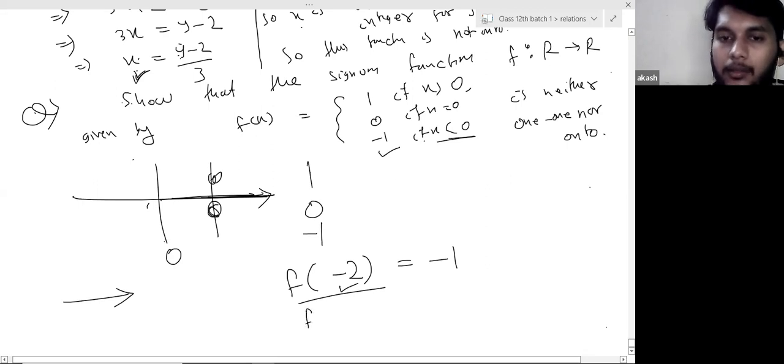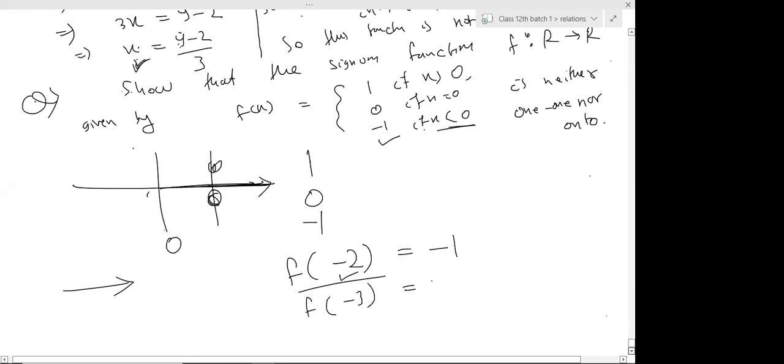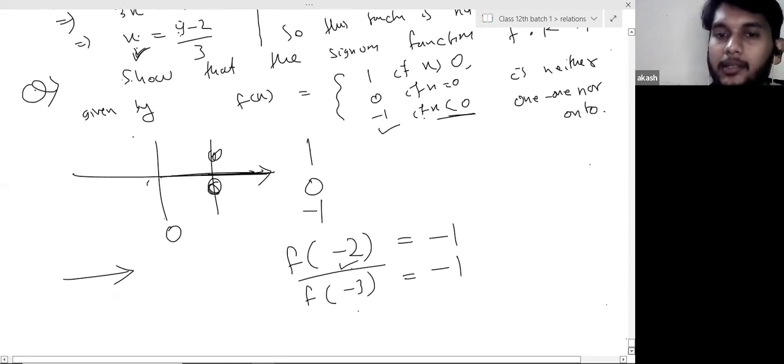So what will be f of -3? -1 again. That means for -2 and -3, we are getting the same result. So we can say -2 and -3 have the same image.